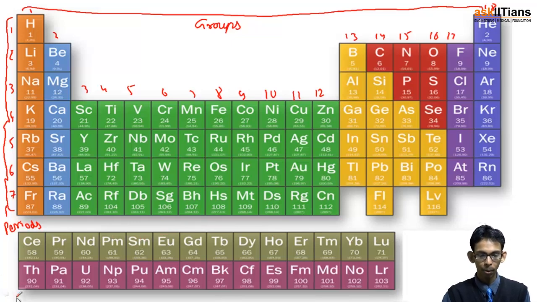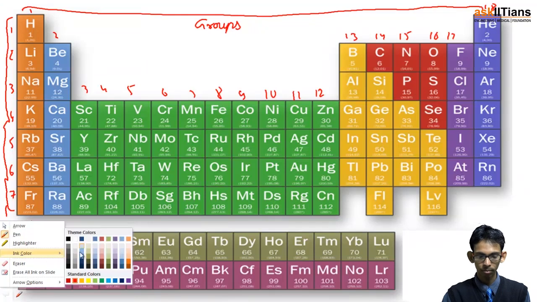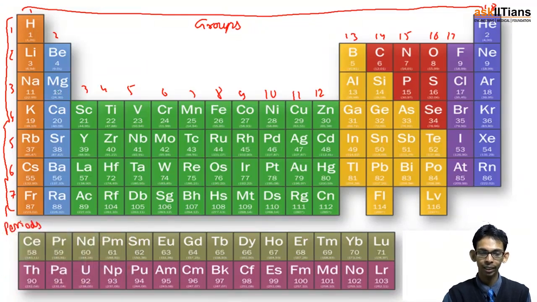Now these elements are classified into some blocks. The first two groups are called S block elements.